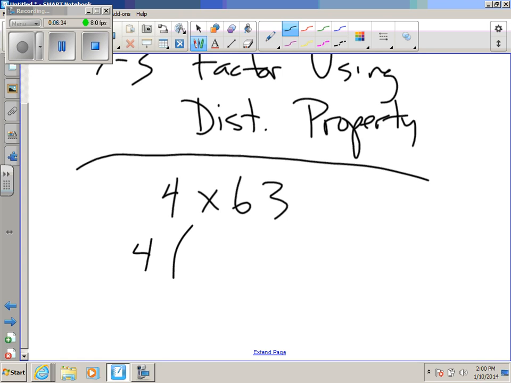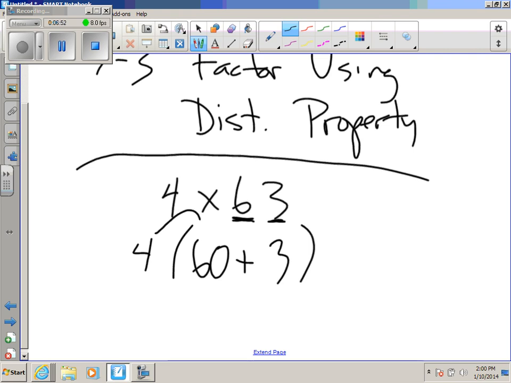What we're going to do is break up the 63 and make it an addition problem within the set of parentheses. Looking at the digits, the 6 represents what? 60. And of course, the 3.